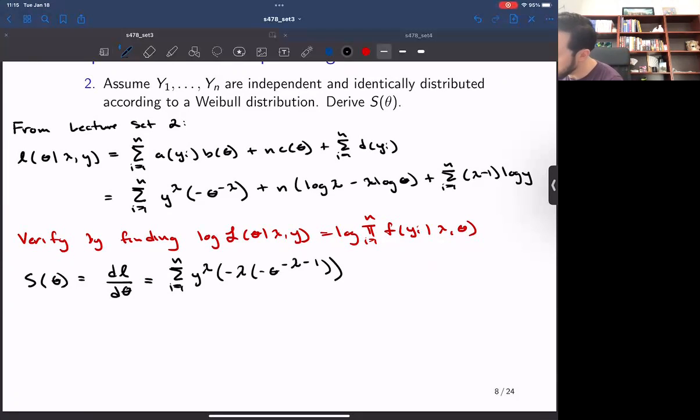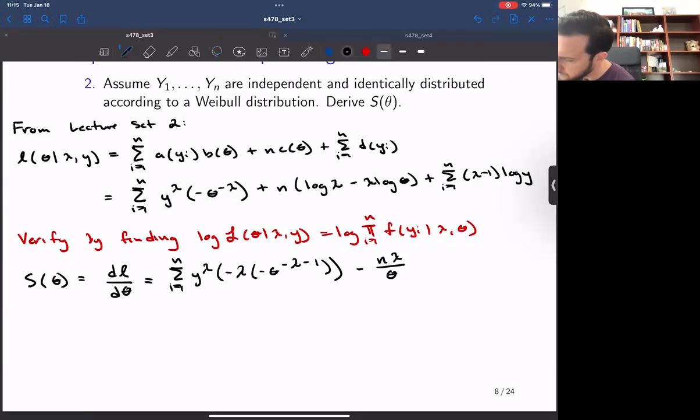Okay, and then the next term is going to cancel out because the derivative of n log lambda with respect to theta is going to be nothing. And then we're going to have minus n lambda over theta. And then the last term will also cancel out.